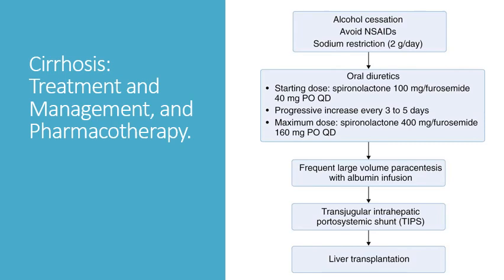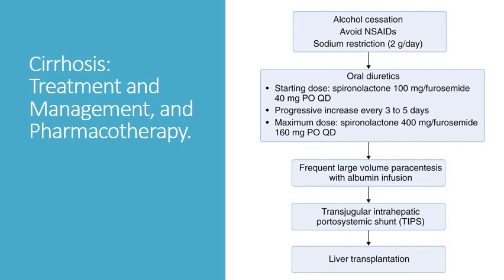Please remember this combination. It's spironolactone, 100 milligrams, and Lasix, 40 milligrams. The research and evidence suggest that this combination is the most perfect combination for managing ascites secondary to cirrhosis and portal hypertension.